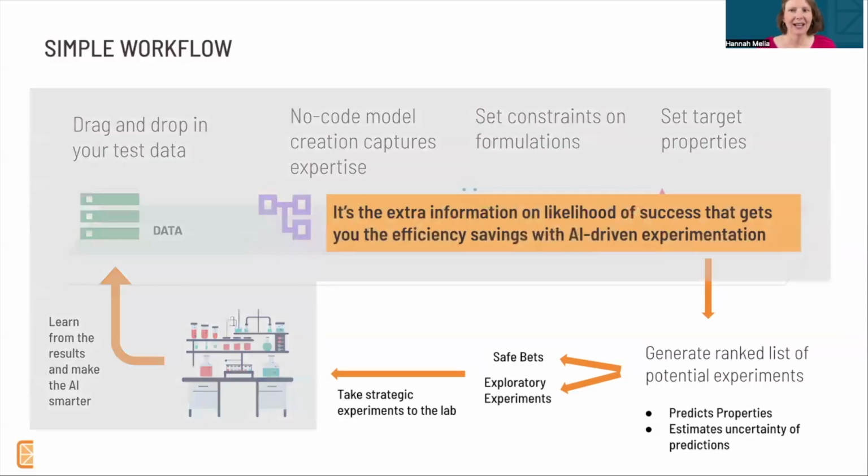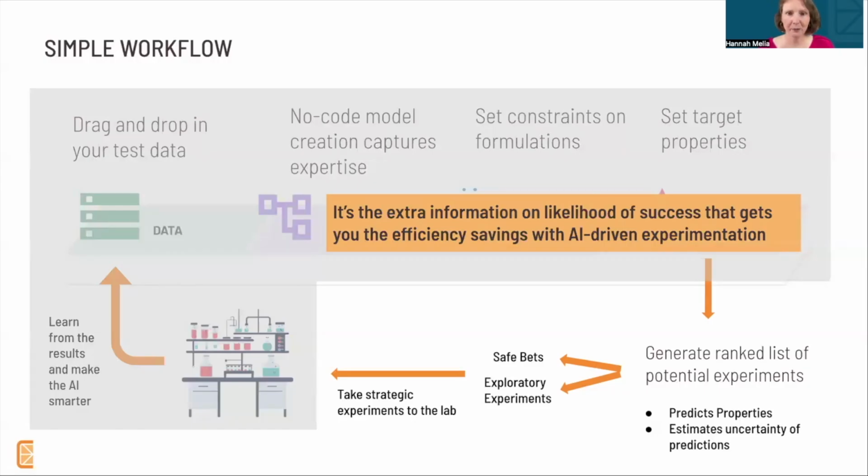And if you're wondering, how does this reduce the number of experiments that you do to hit your target properties? It's this bit here. When you go to the lab doing trial and error using scientific intuition, and even if you do a design of experiment and you've got a grid of experiments, you don't know exactly what the chance of success of these experiments is.